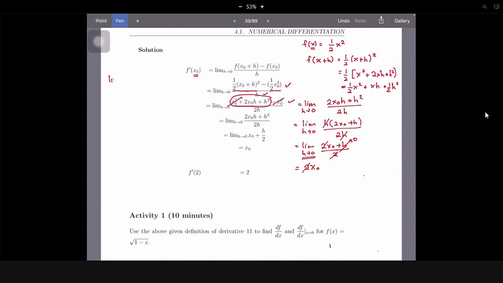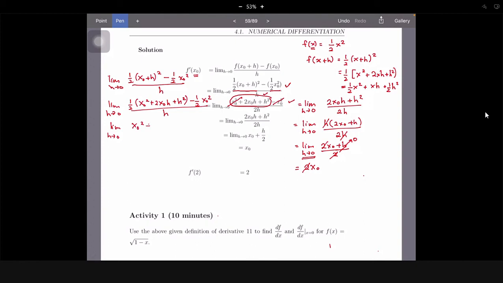So limit h approach to 0 half x0 plus h square minus half x0 square divided by h. Okay. So limit h approach to 0, saya expand x0 plus h square, you akan dapat x0 square plus 2 x0 h plus h square minus half x0 squared bahagi h. Alright, simplify.